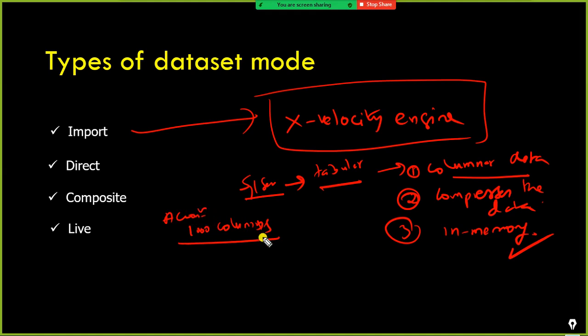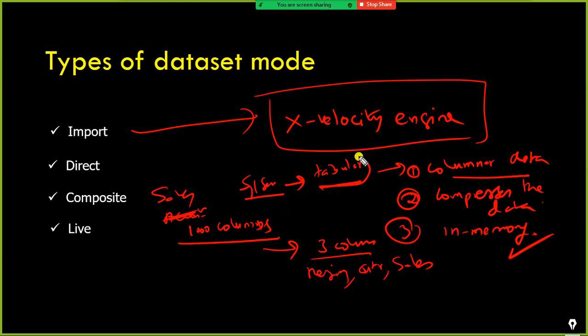Your manager asked you to generate a report and all he needs is only 3 columns from these 1000. For example, in a sales table, he wants region-wise, quarter-wise sales. That's it. Out of the 1000 columns, you are interested in region, quarter, and sales. That's all.